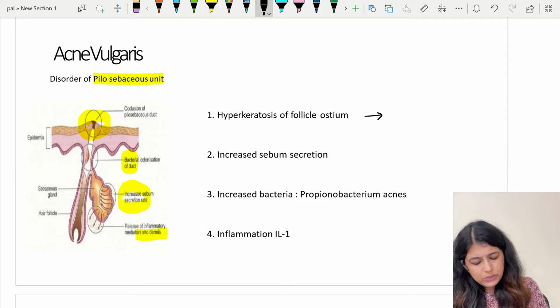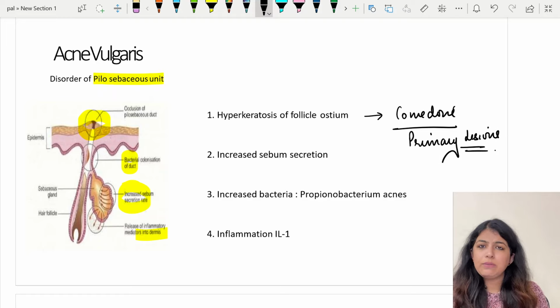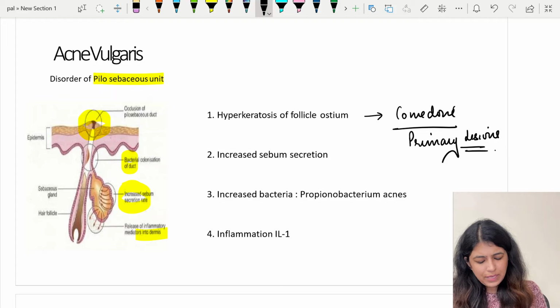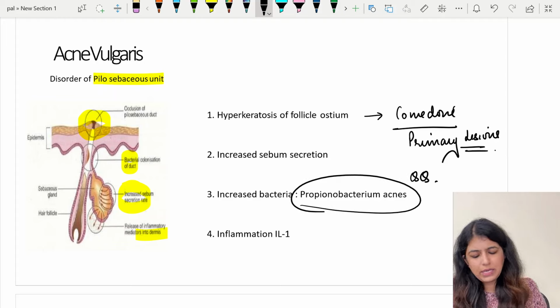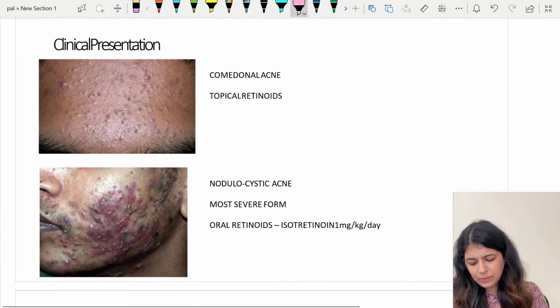Hyperkeratosis of the ostium is what causes comedon, and comedons are the primary lesions of acne. So comedons are special lesions. Then the bacteria that is involved here is Propionibacterium acnes. This question has recently been asked. Okay, so Propionibacterium acnes is involved in the pathogenesis of acne.